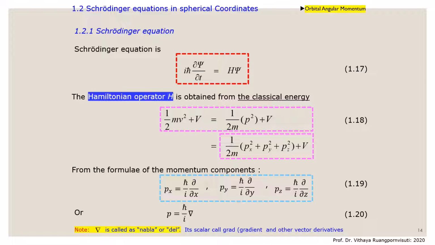From the formula of the momentum components, px, py, and pz are equal to h bar over i times the differentiation operator with respect to the components x, y, and z respectively, or we can write p equal to h bar over i times the symbol del. This symbol we may call nabla or del.